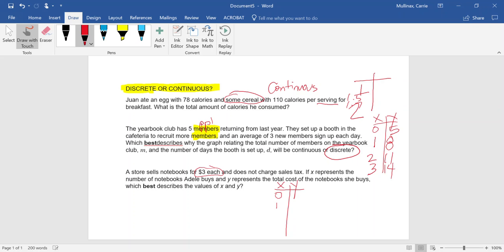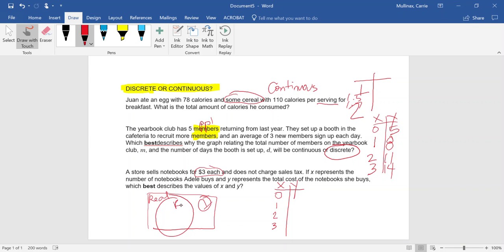So we can have 1 notebook, we can have 2 notebooks, we can buy 3. So my X values can be integers greater than or equal to 0. I wouldn't use the real numbers to describe this, because the set of real numbers includes all rational and irrational numbers.